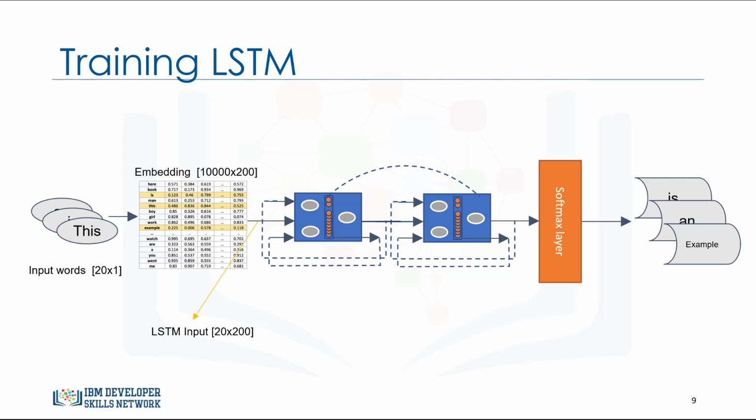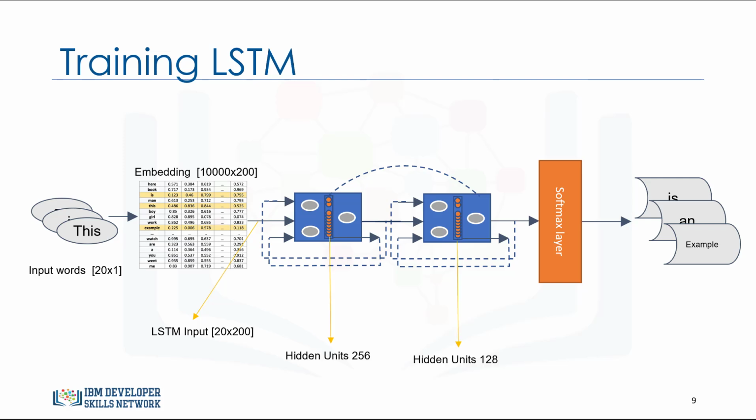We have to look up those 20 words in the randomly initialized embedding matrix and then feed them into the first LSTM unit. Please notice that only one word in each time step is fed into the network, and one word would be the output. But during 20 time steps, the output would be 20 words.